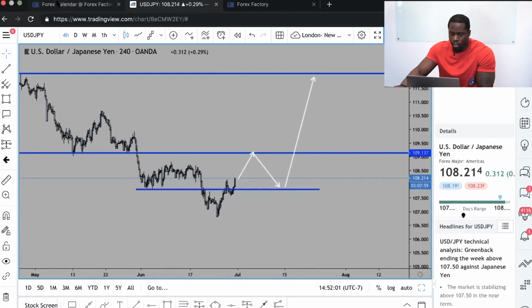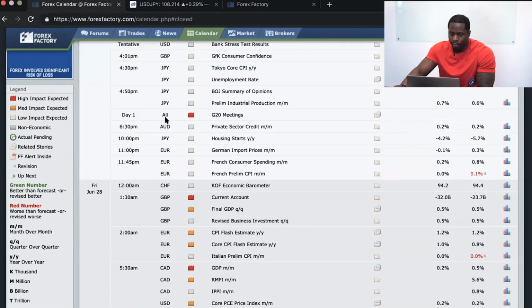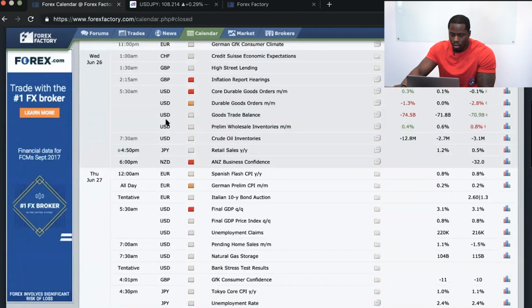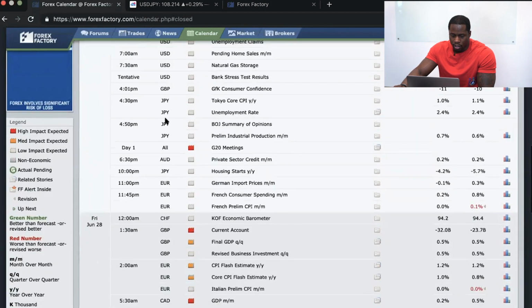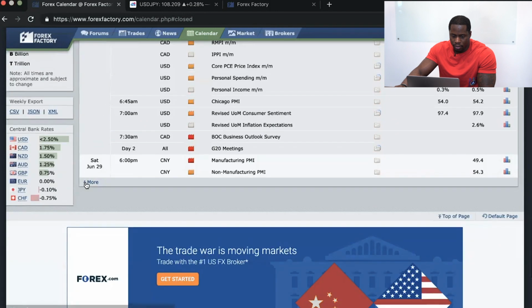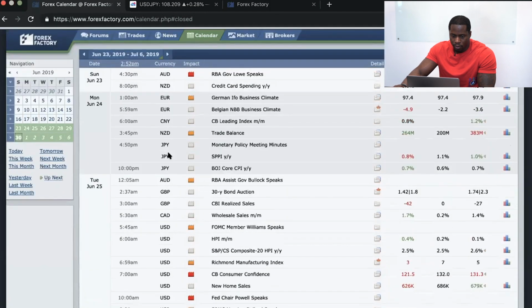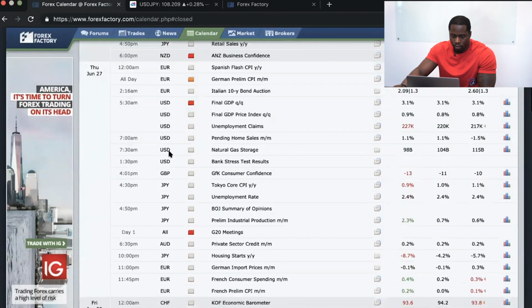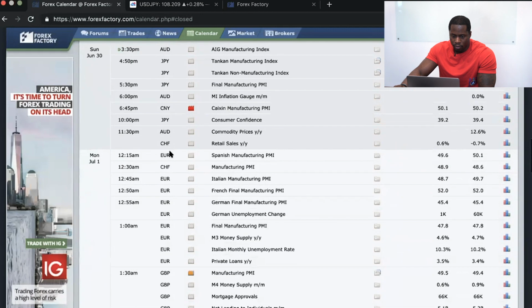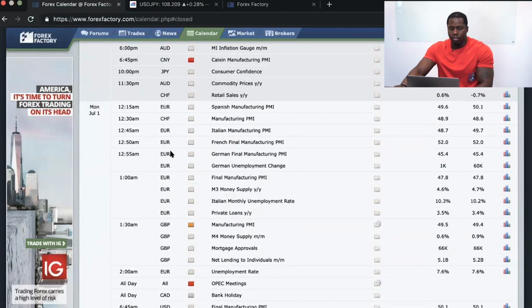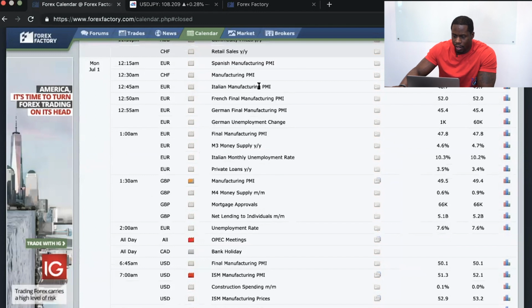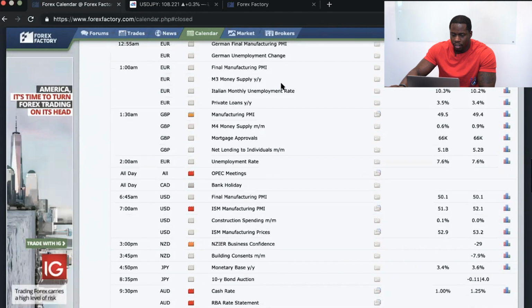We're going to go over the Forex calendar, right? So let's see, we are on a new month. All right, so we have a lot of Euro news opening up, just during the London session even tonight.